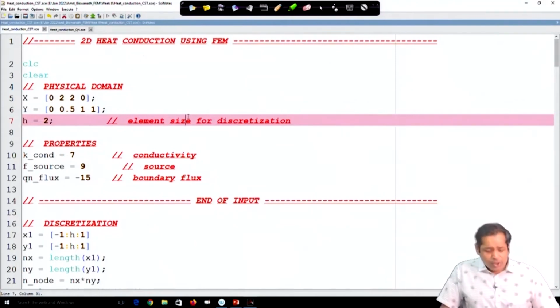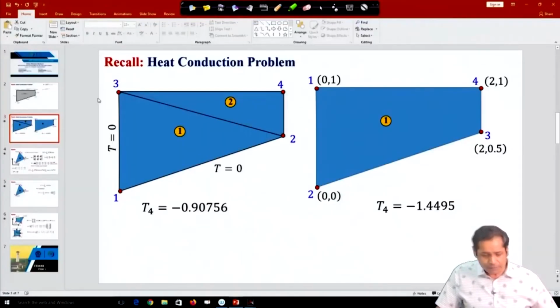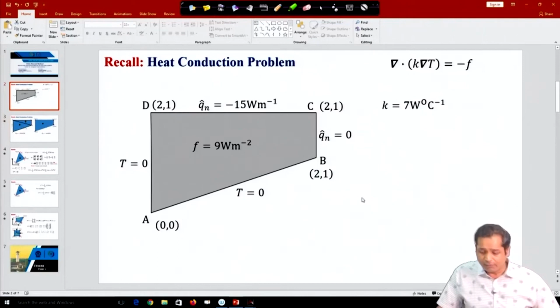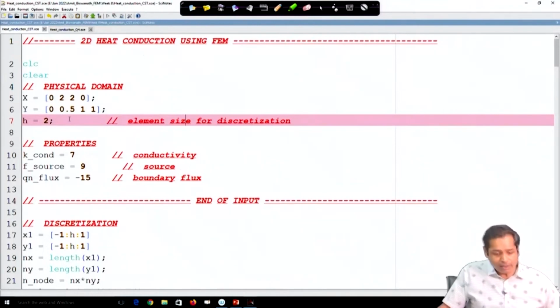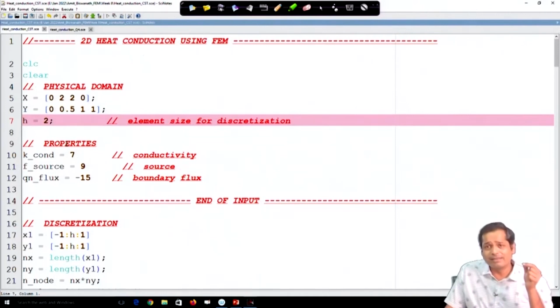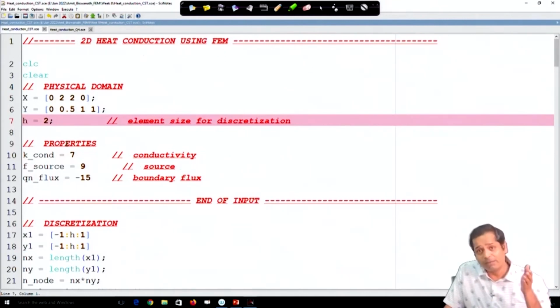So let's start. This is the physical domain. If you recall, these are the 4 points we have, A, B, C, D, and these are the coordinates of these points. Now, h is the characteristic size of the element. We essentially want to see, when we decrease h, meaning when we increase the number of elements, how the result converges.